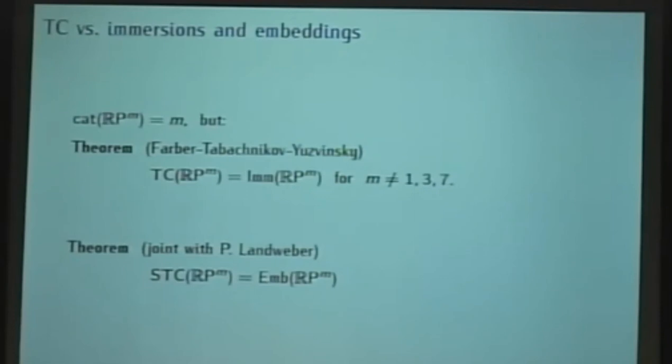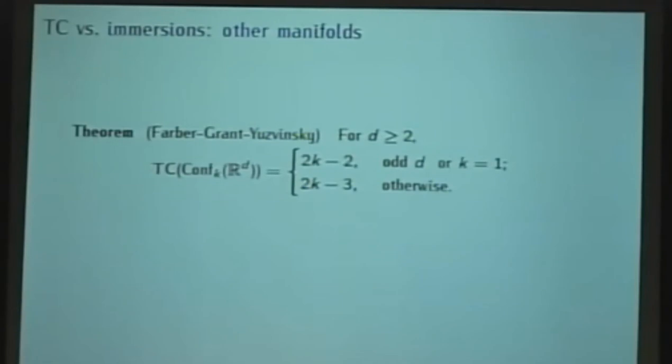This is true for real projective spaces, but as far as I know it seems to hold only for the family of real projective spaces, and it immediately fails in some concrete situations, namely if you take spheres, then it is not difficult to see that the topological complexity of a sphere is either 1 or 2, depending on the parity of the dimension. It is 1 when m is odd, and is 2 when m is even.